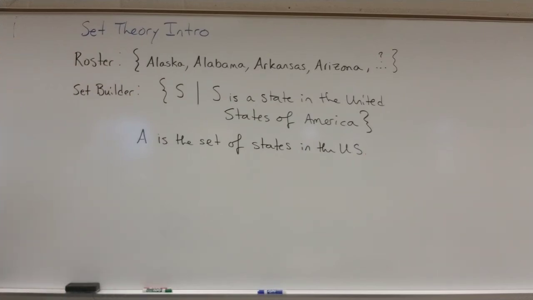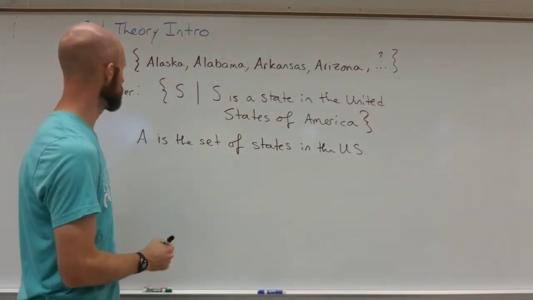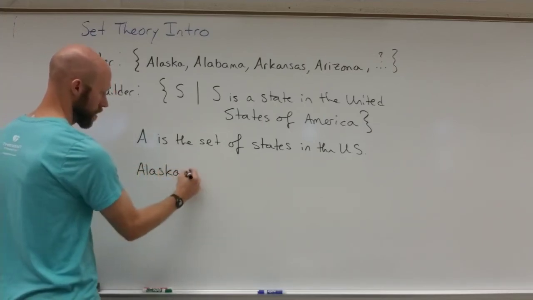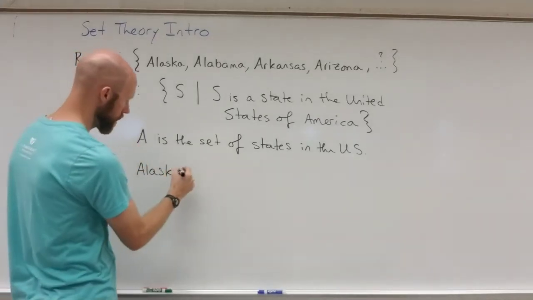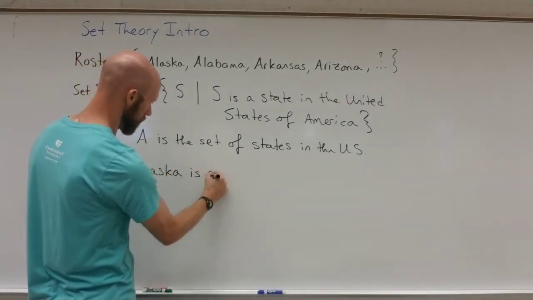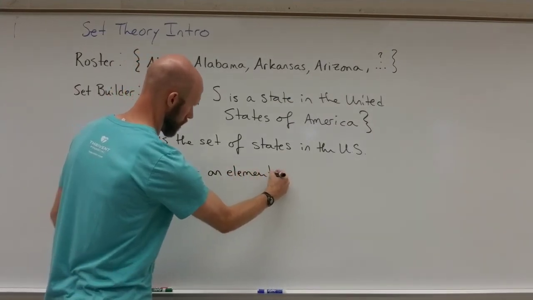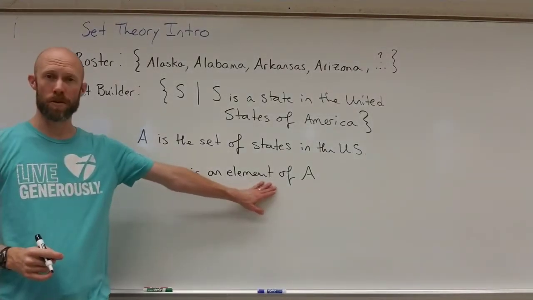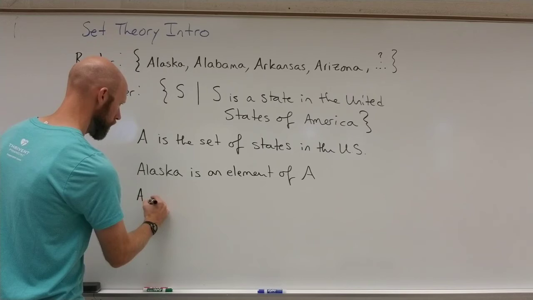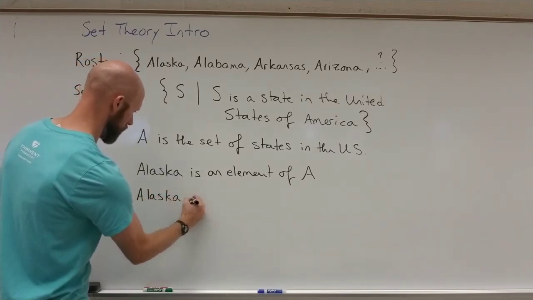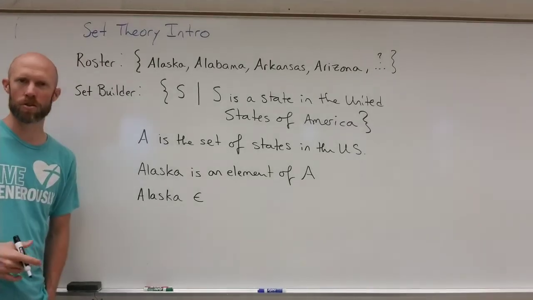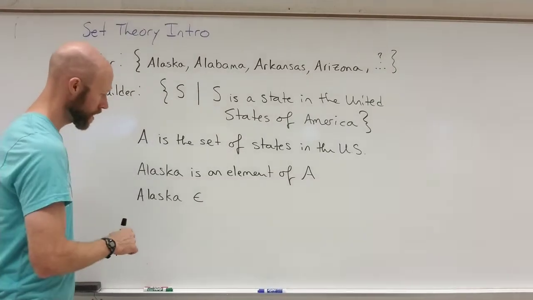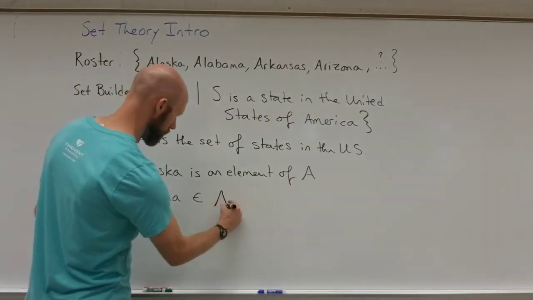And so I would say that Alaska, for instance, is an element of set A. When we say an element, we have a symbol for that. And the symbol for that is this kind of an E symbol. It looks like a letter E, but it's kind of curved more. It's not quite the letter E. But Alaska is an element of set A.